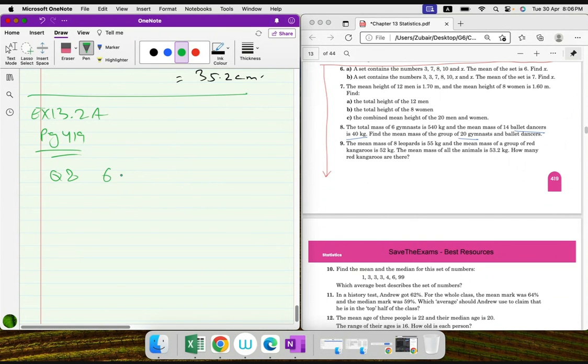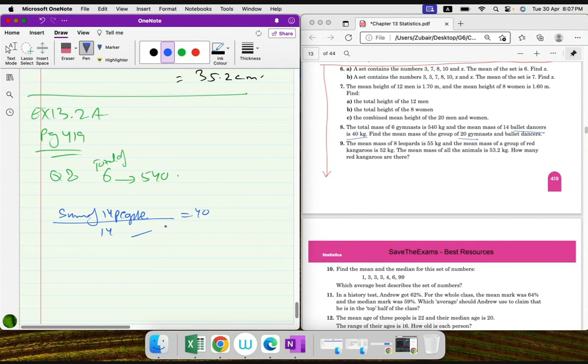So I already know that the total of 6 is 540. When we talk about 14 people, the sum of the weights of 14 people divided by 14 is equal to 40. Any objection in this data?